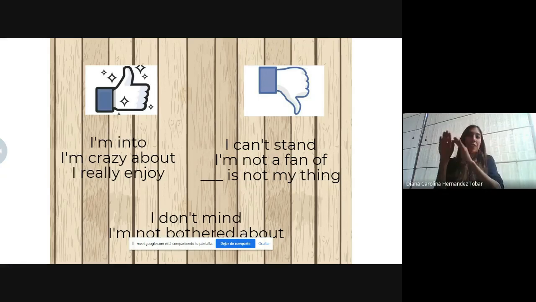So remember, after a preposition, if you have a verb, it's with ing. Okay, so I also can say, I'm crazy about practicing Zumba. Or I really enjoy doing it. So that's very important. If you have a verb after these phrases, it's with ing. Or if you just want to mention a noun, so you just say, I'm crazy about soccer. That's it.